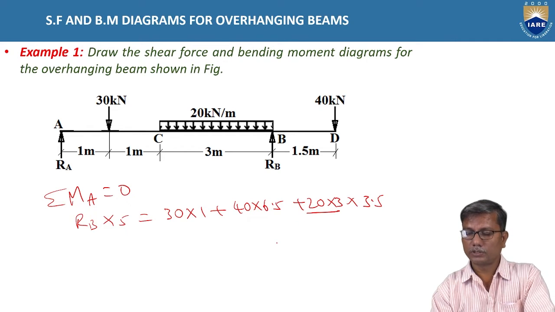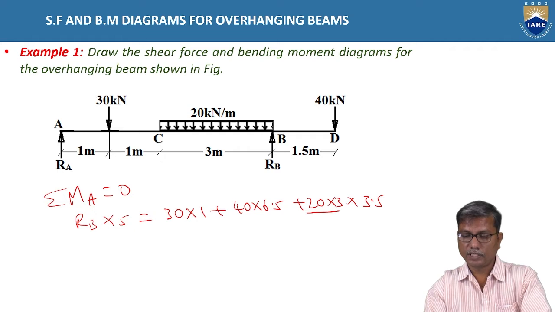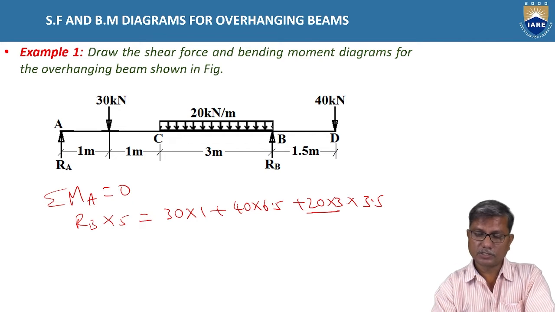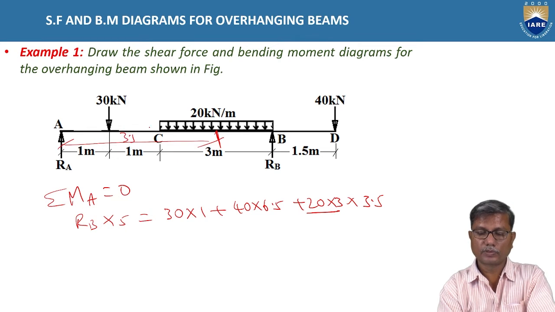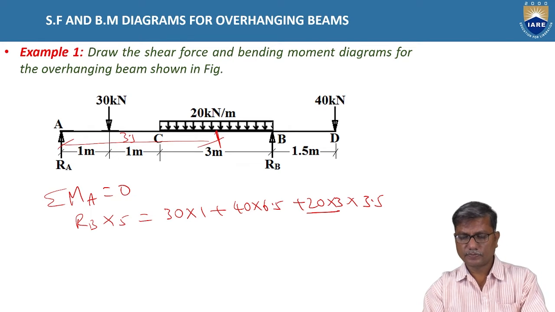This is total load, W into L. So intensity multiplied by the length of UDL gives the total load of UDL, multiplied by the distance from the center to the point A. This is 3.5, the distance at which the resultant of UDL acts.